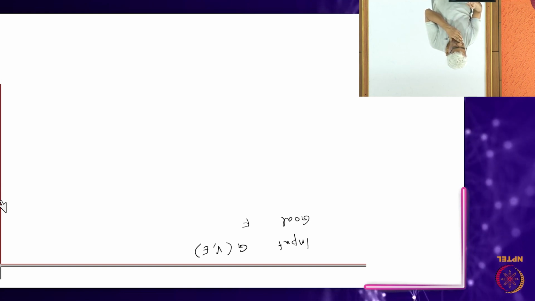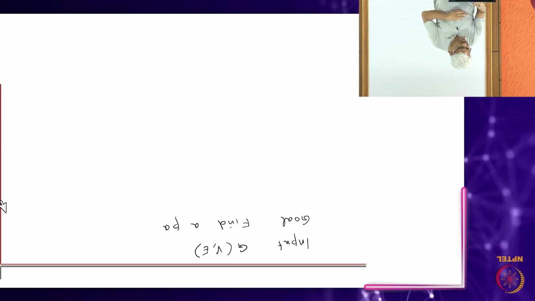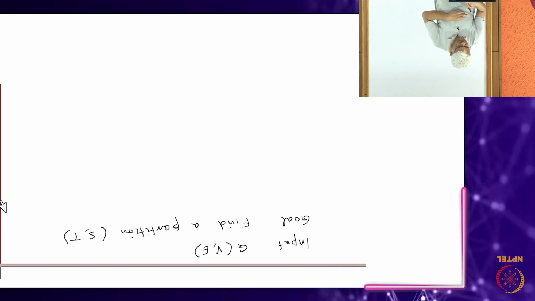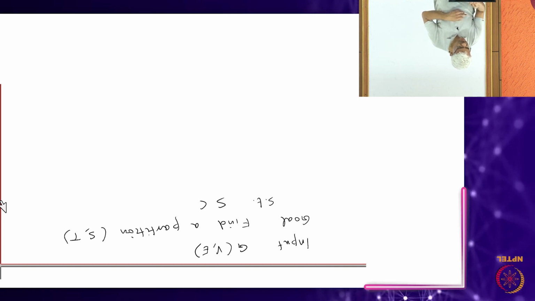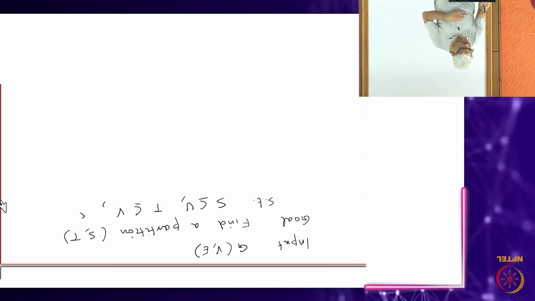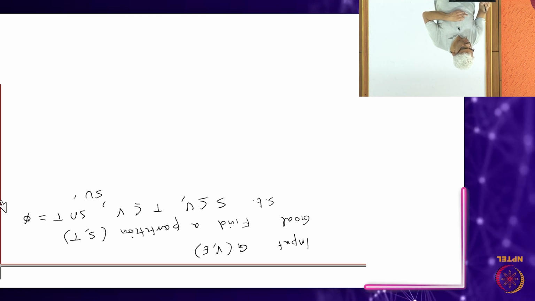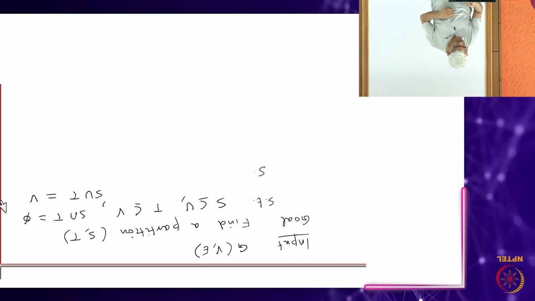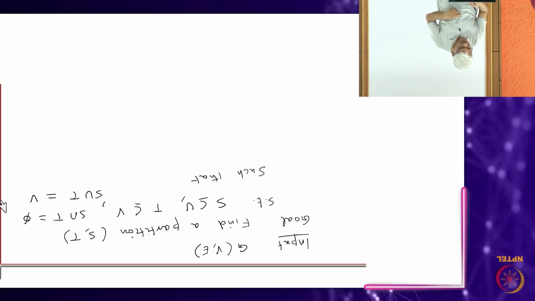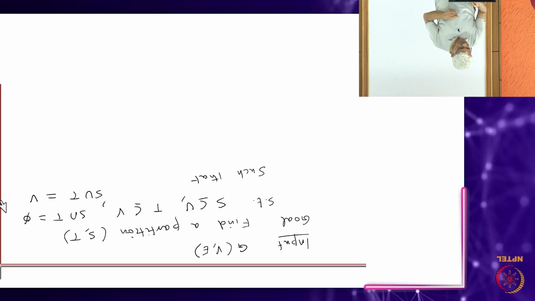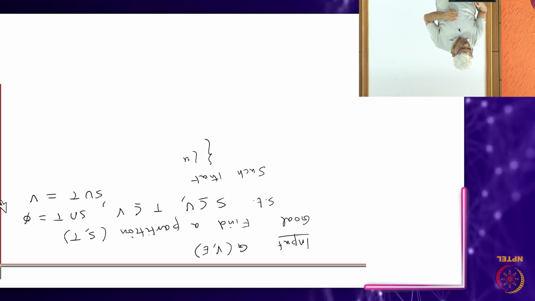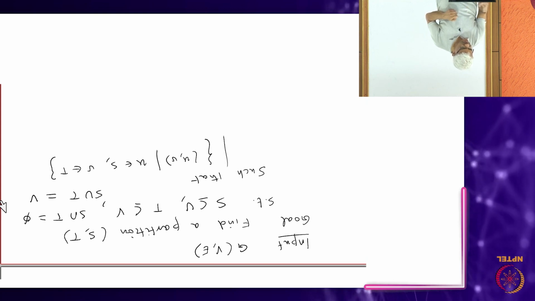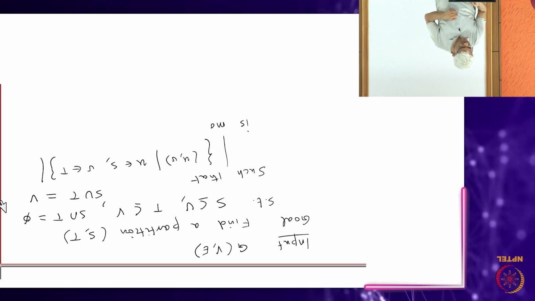Find a partition of the vertex set such that S is contained in V, T is contained in V, S and T are disjoint, and S union T is equal to V. So, I just want a partition of the vertex set such that the number of edges across the cut, the size of this set (u, v), u in S, v in T, this cardinality, is maximized.